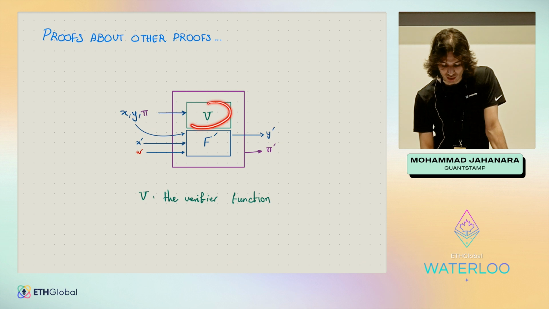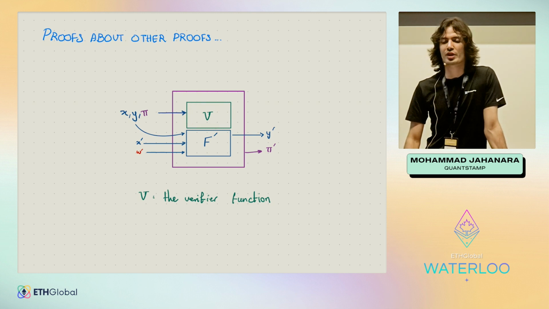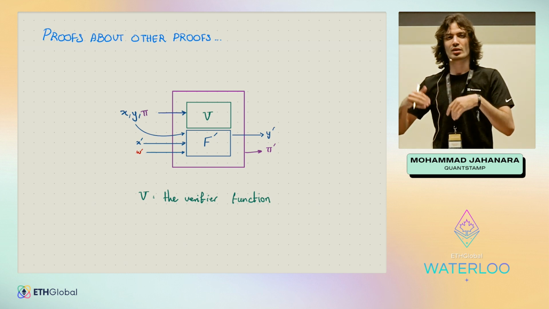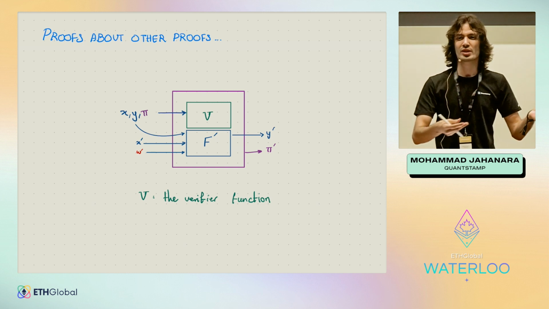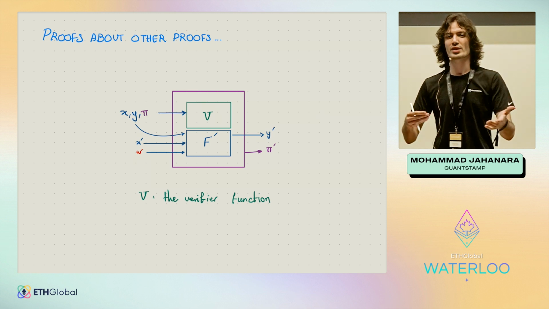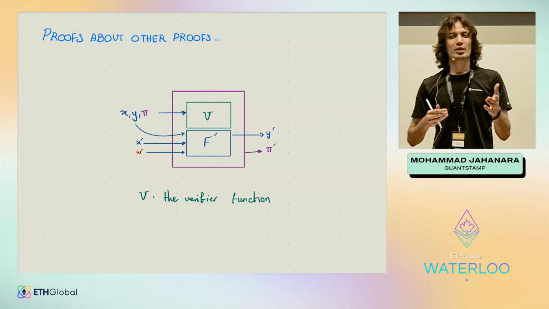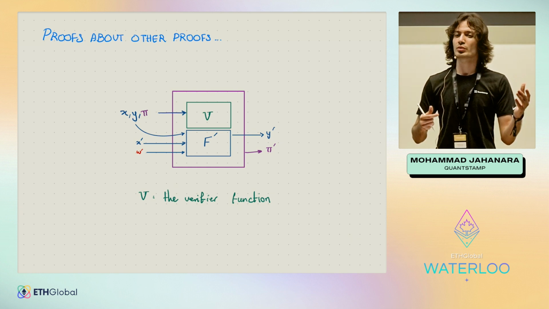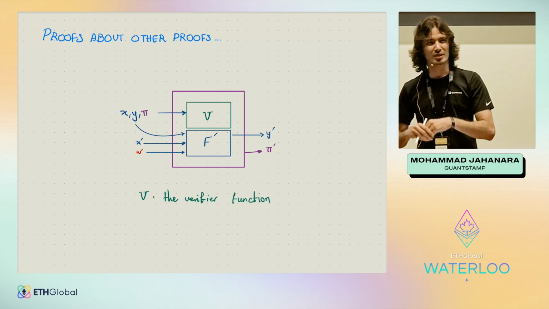So we have a component now that does the verification, but now it's done inside another circuit. Maybe we executed some other circuit, there is a result, and we created a proof for the execution of that circuit, okay? But this is a bit tricky now because we want to do the verification inside a new circuit, okay?